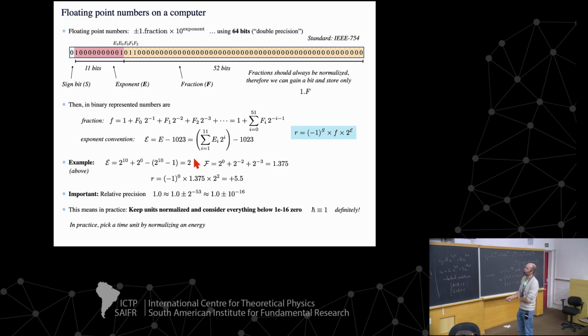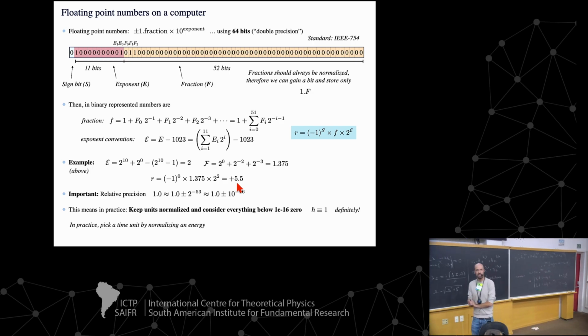So this gives me 2, which means that this number has an exponent of 2. And then the fraction is written with a 1 on f1 and on f2, and not on f0. And that's it. So I have 2 to the 0, this is the 1 plus this plus this. So I can calculate that this is this number here, which together with the exponent means something like 5.5.